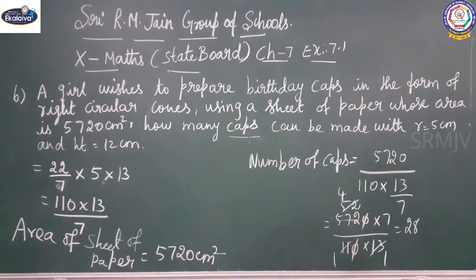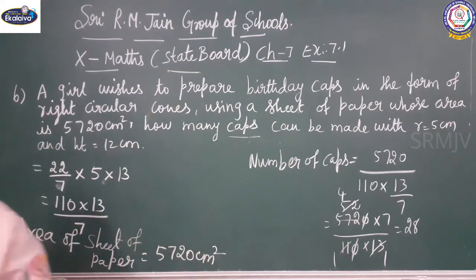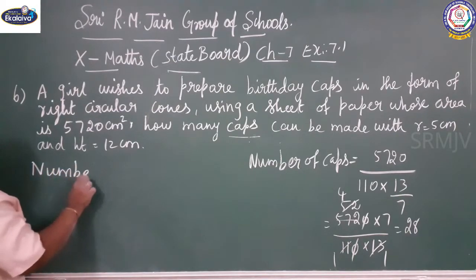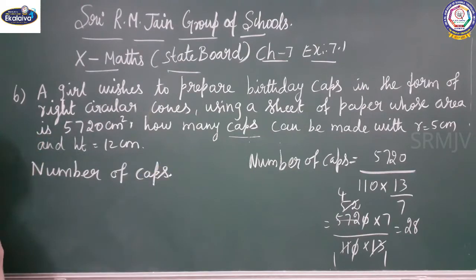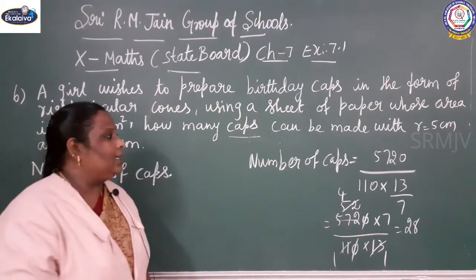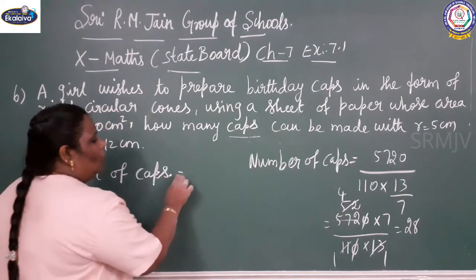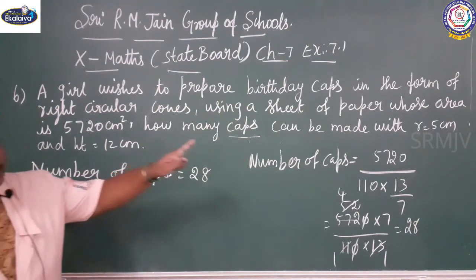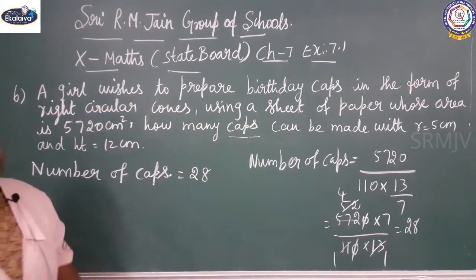Number of caps that can be made with radius 5 centimeter and height 12 centimeter equal to 28 caps.